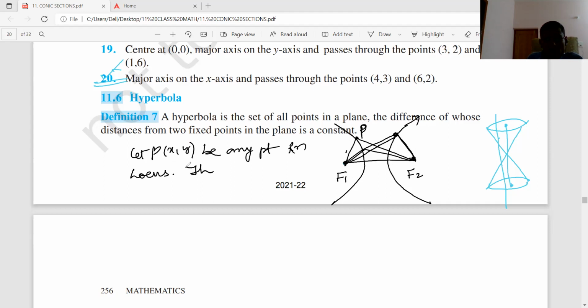Then what is the condition? Then |F1P minus F2P|. You know this modulus means positive, absolute value. This is always a constant k.